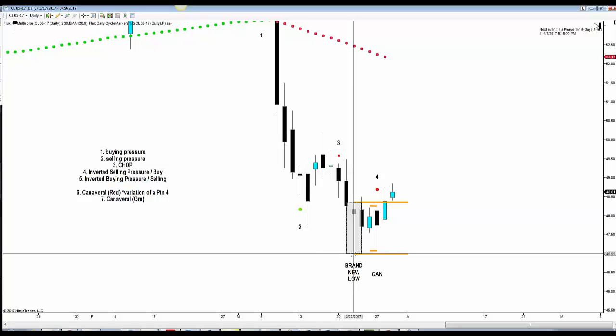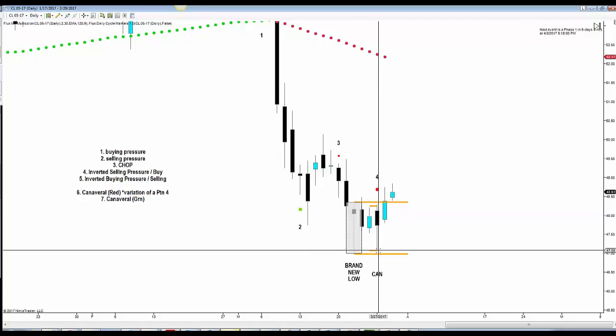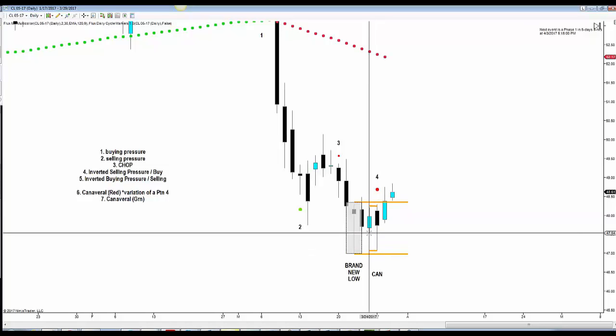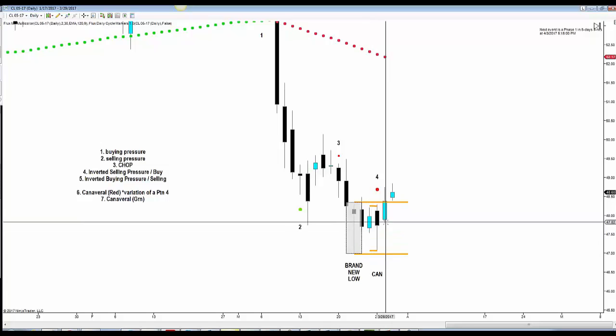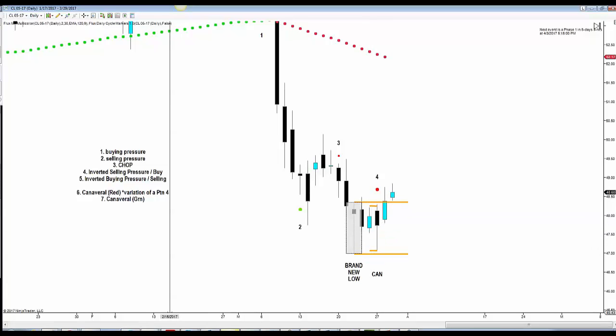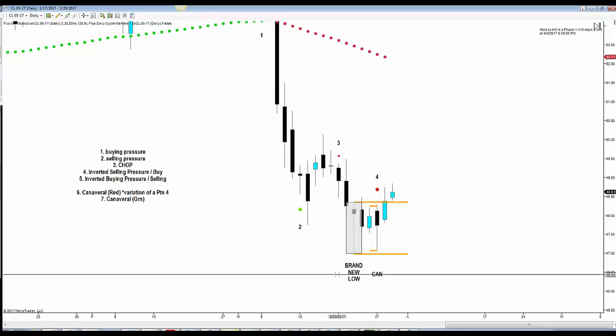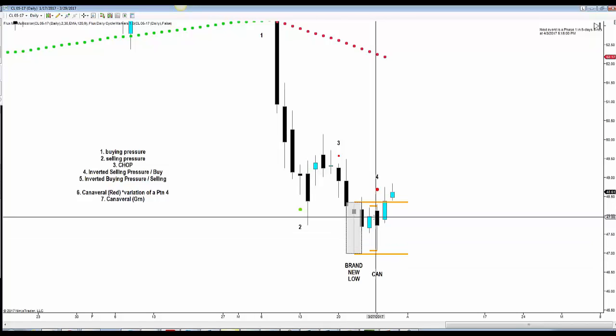So the phase 4 red dot candle here, its low approached the low but never got near it. This candle nowhere near the low, and the third candle of the series did not meet the requirements. However, the second requirement of the Canaveral was met.